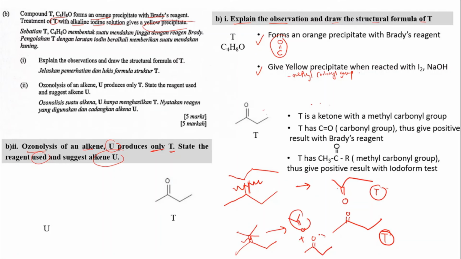So two different products. So I cannot draw it this way. I need to draw it this way so that I can get both of my products to be T.